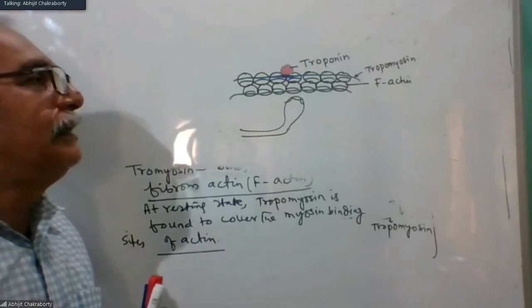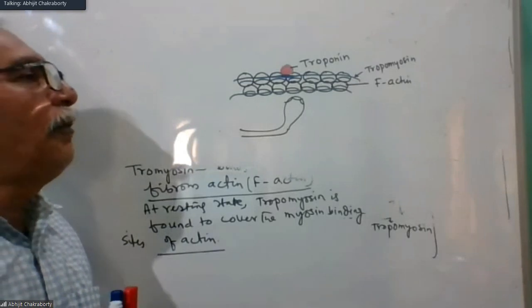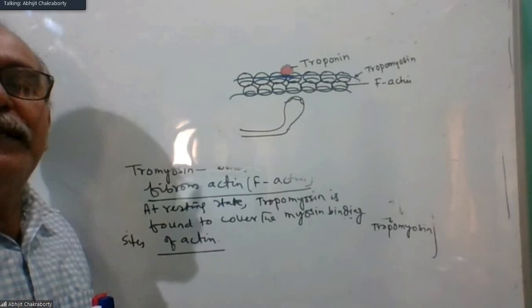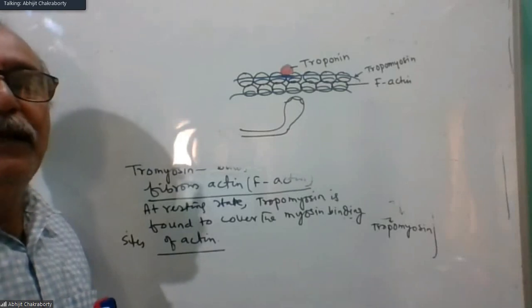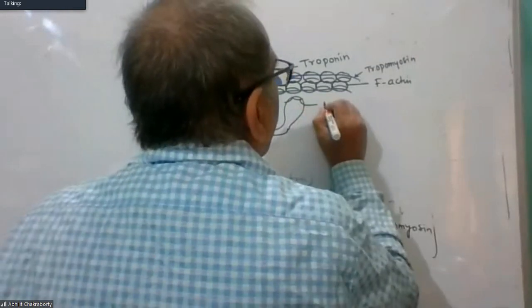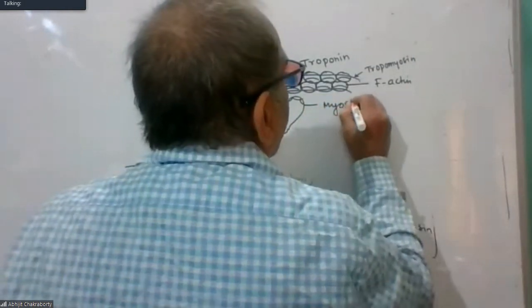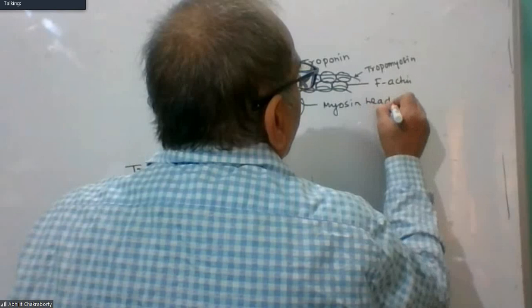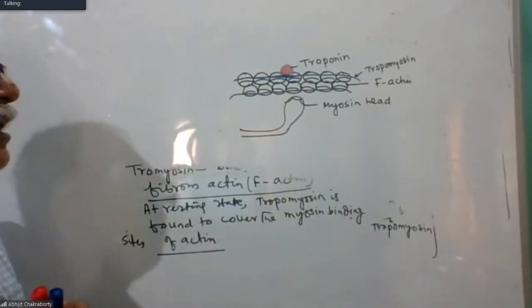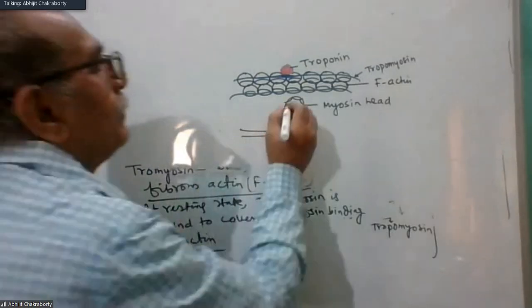Troponin is active, so the tropomyosin sheet is found to cover the myosin binding sites of actin, so that the myosin head cannot bind to actin. In myosin there are three sites, one site for the ATP.